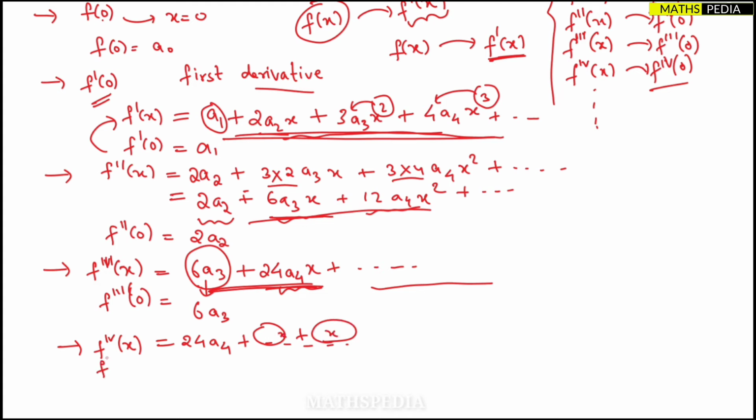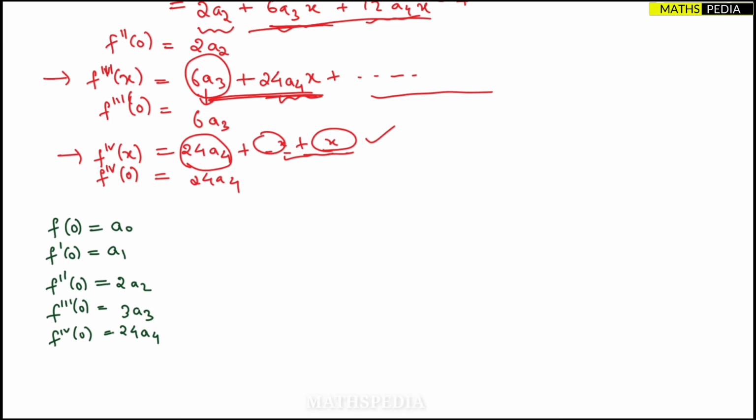So when I put x value of 0 in the fourth derivative, all these terms are anyway 0, so what is left out? 24a4, that's it. You can write two more terms so that you get an understanding of how we are getting 0 and all.